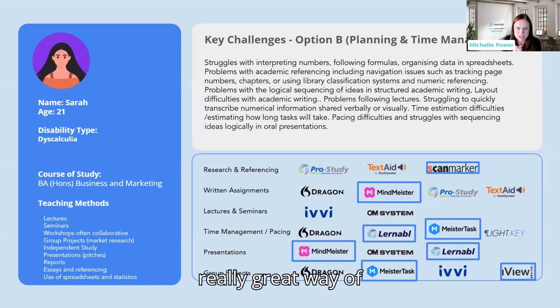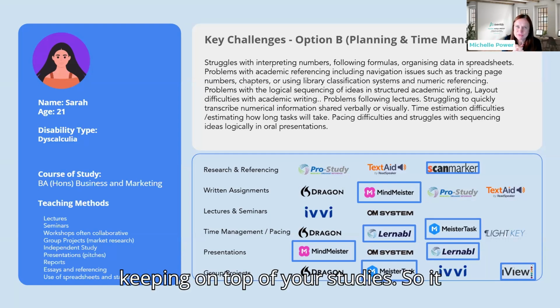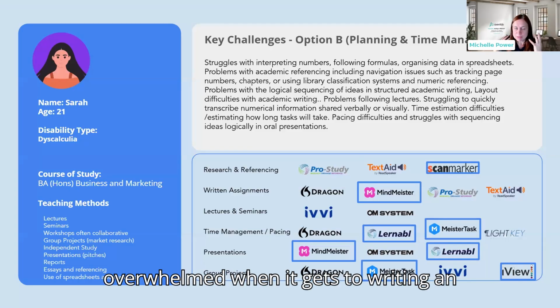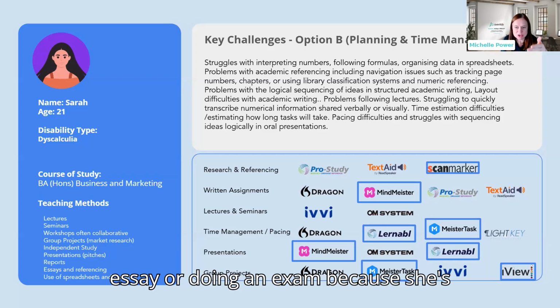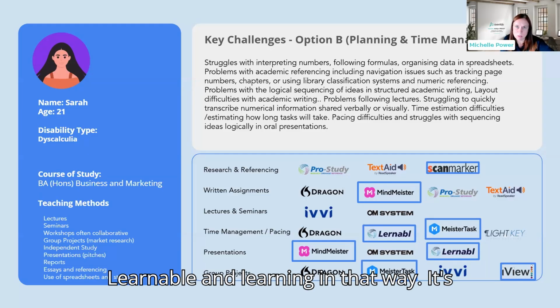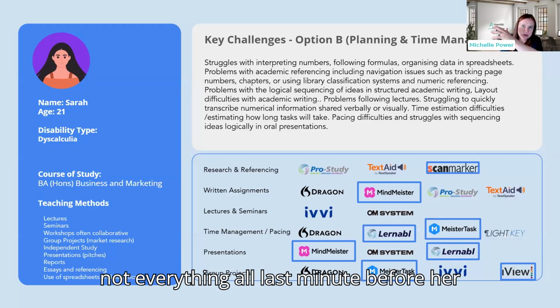So Learnable is a really great way of keeping on top of your studies. So it is to do with planning and time management, because she won't feel overwhelmed when it gets to writing an essay or doing an exam, because she's always been uploading things into Learnable and learning in that way. It's not everything all last minute before her exam.